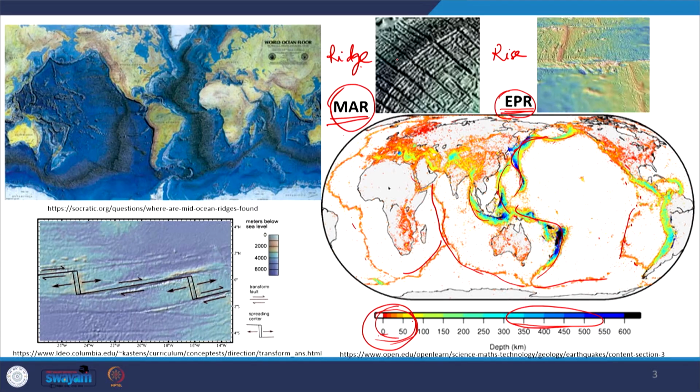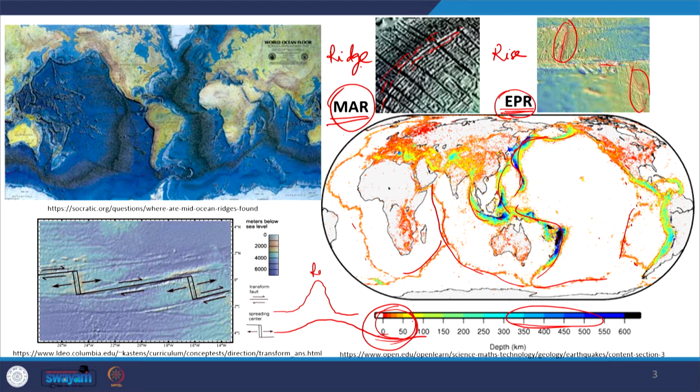Here you see this topography is mostly rugged, very rough topography, but here you see relatively smooth topography. In a ridge, once you come here you suddenly increase in height and again fall down. So, this is a ridge. But if you come here and gradually your height increases and gradually it falls down, this type of topography is called a rise.